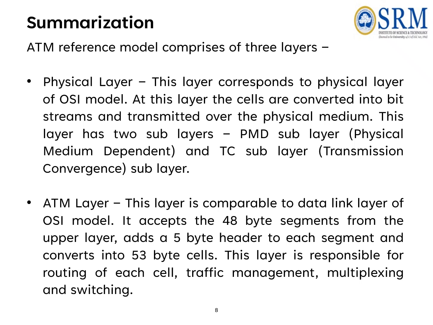This layer is comparable to the data link layer of the OSI model. It accepts 48-byte segments from the upper layer protocols and adds a 5-byte header generated here to each segment, converting them into 53-byte cells. This layer is responsible for routing of each cell, traffic management, multiplexing and switching.